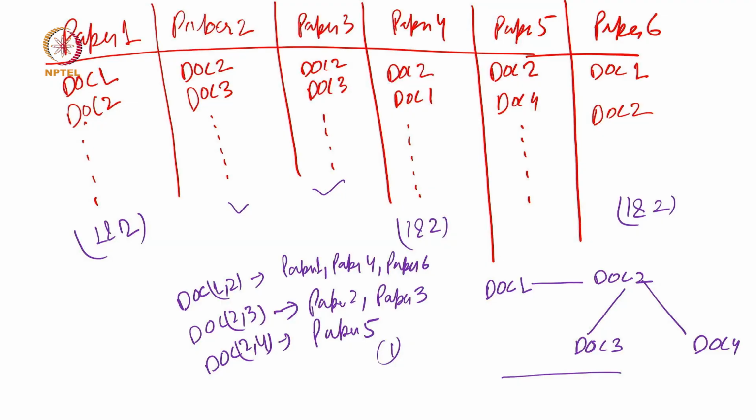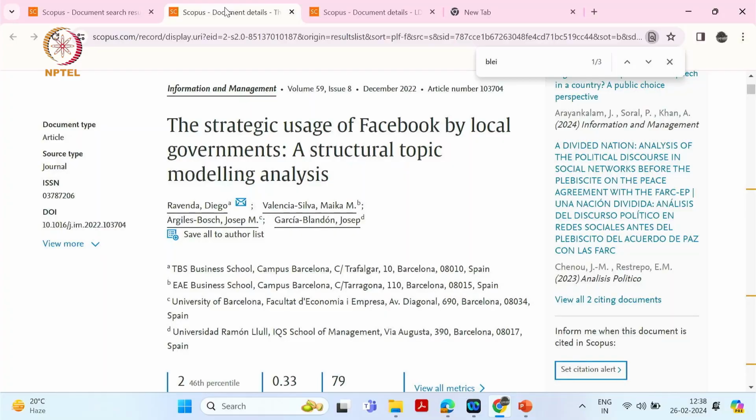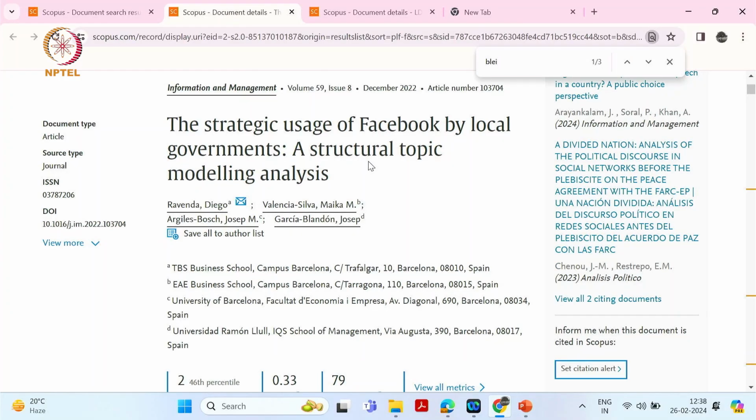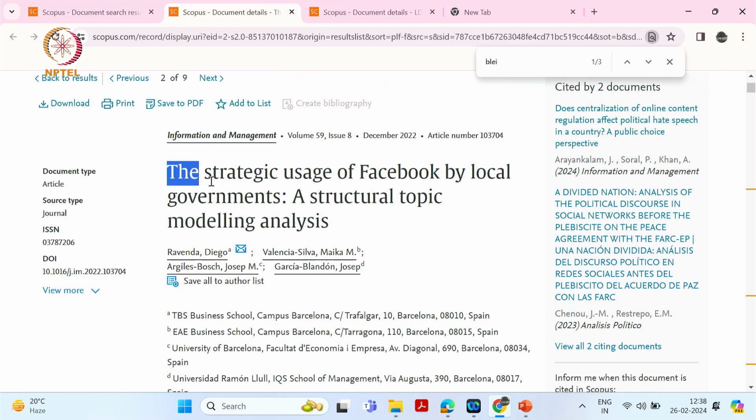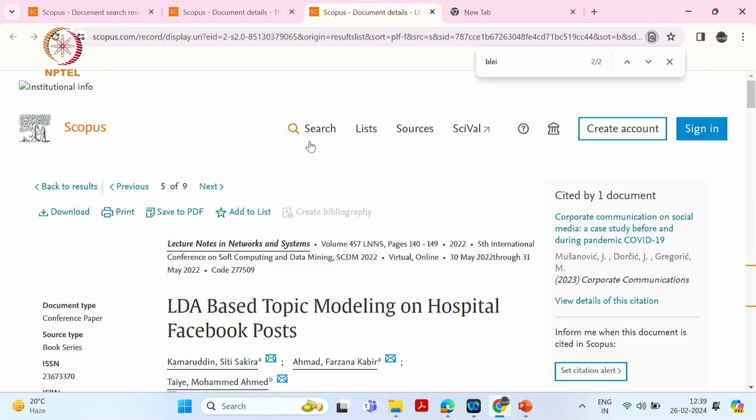Okay. So, in a similar way to the Scopus example of bibliographic coupling we discussed, let us now discuss an example of co-citation analysis of documents. Okay. And if we see, these were our two documents. We discussed the bibliographic coupling of this particular document and this document.